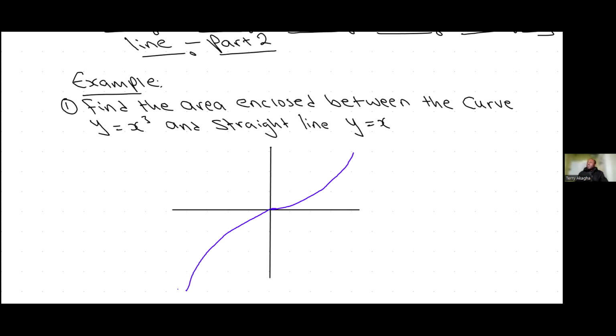Let me use a red line to do this. So we have a straight line, y is equal to x. Okay. So that's a y equal to x straight line. Because the intercept is 0, that means it's passing through the origin.